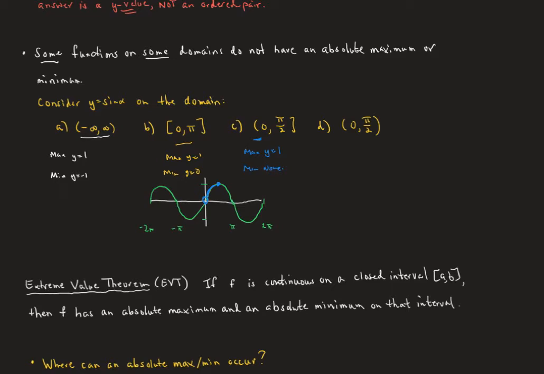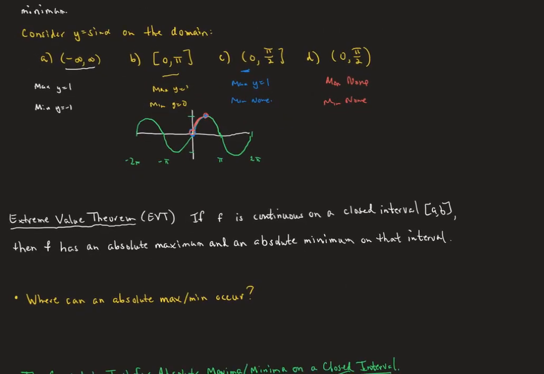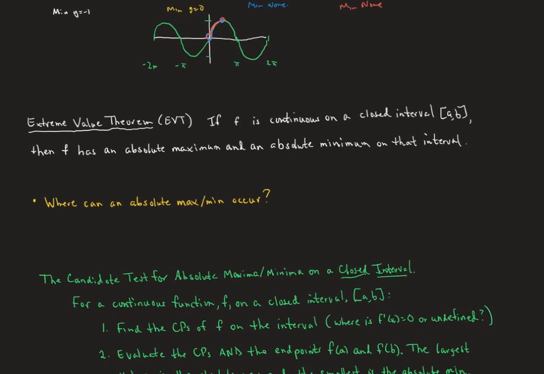Now if we make it open on both endpoints, then we get this piece of the curve here. And now there is no maximum, and there's also no minimum, for the same reason that we saw before. There isn't one largest Y value or one smallest Y value.